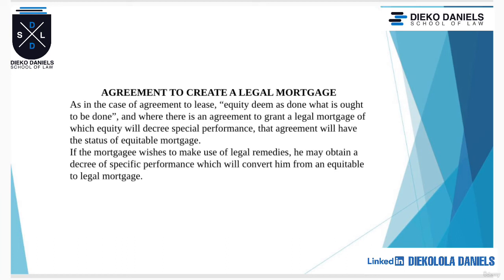Do not forget that an agreement to create a legal mortgage does not create a legal mortgage but creates an equitable mortgage. And don't forget that equitable mortgages, just like other equitable interests, are limited to the extent of a bona fide purchaser for value, number one, and number two, to the extent that there is no other one first in time.